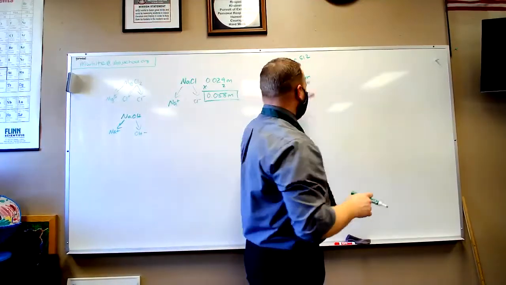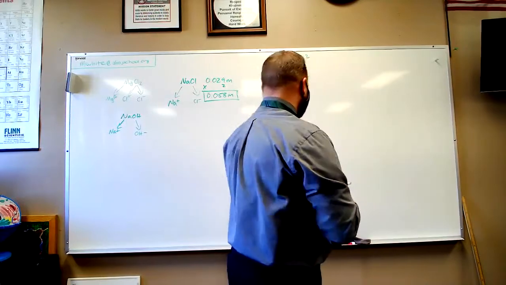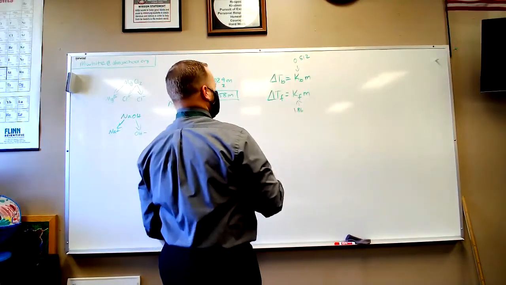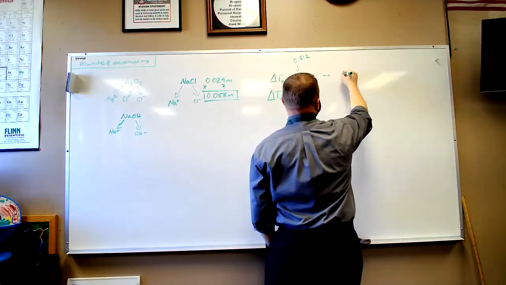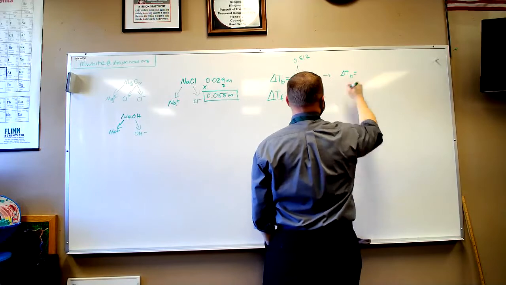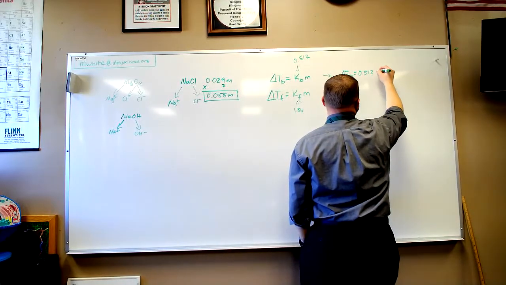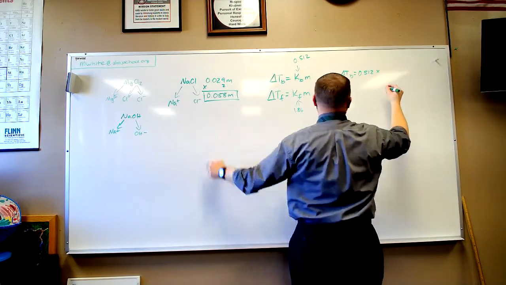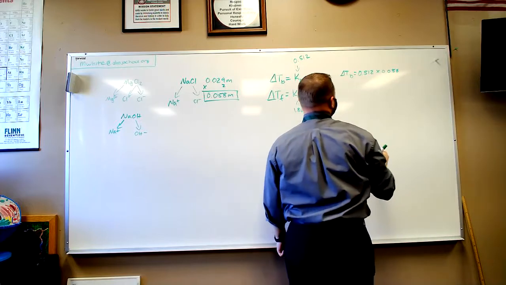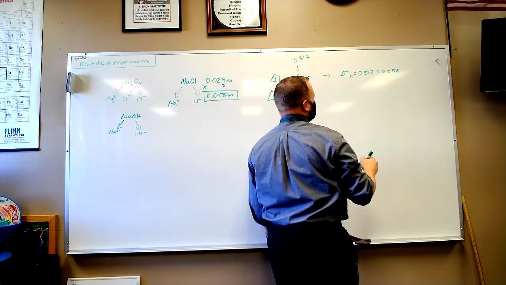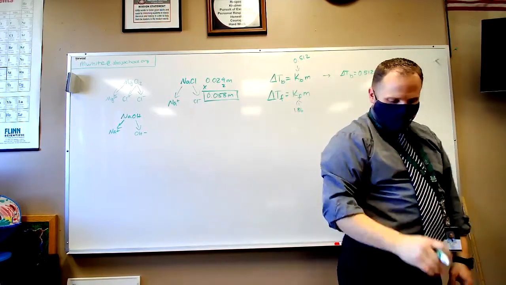So now we have the molality of the particles. And we already wrote down our K values. So if you want to know the change in boiling point, the change in the boiling point is equal to our K value times our molality. We just put that into our calculator.